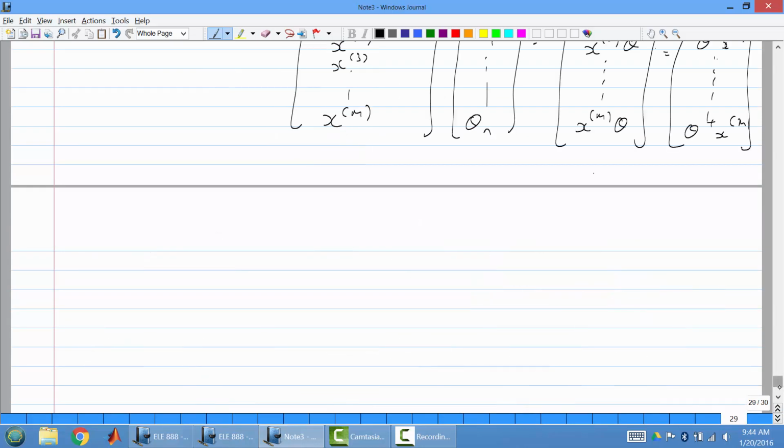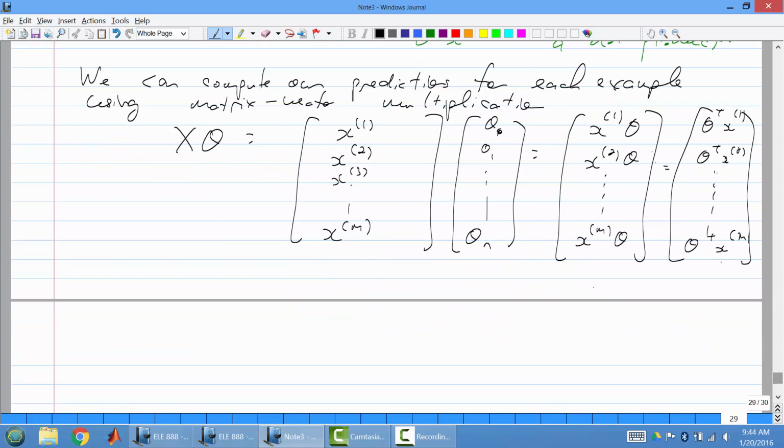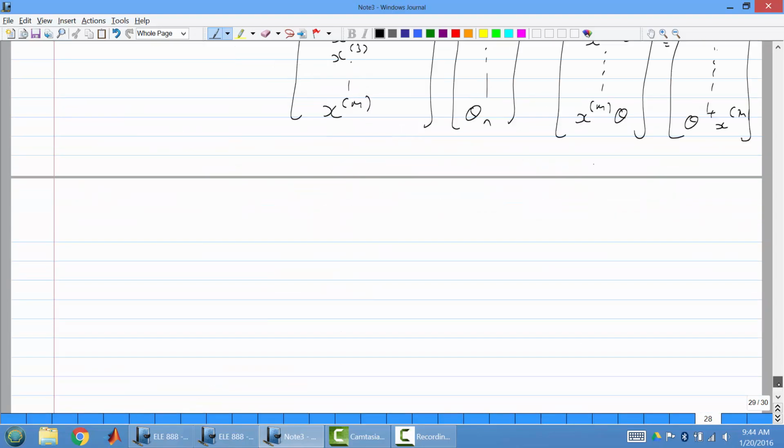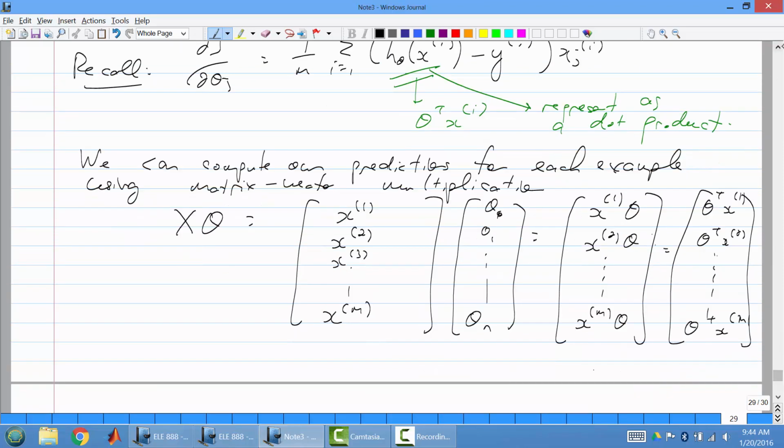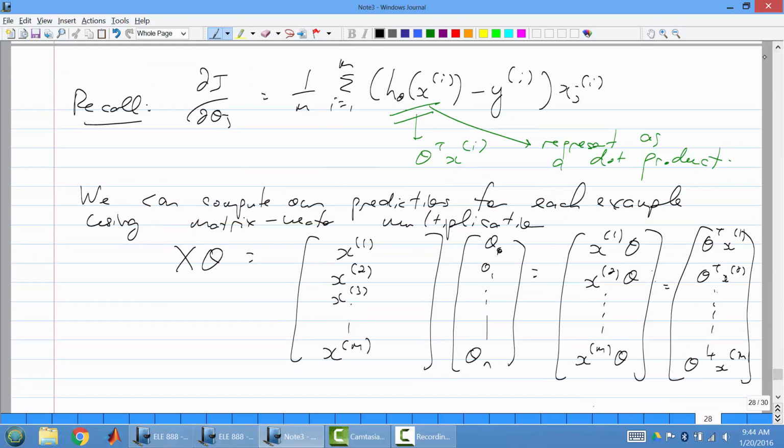So what is this exactly doing? So this computes the predictions for every single example that we have.